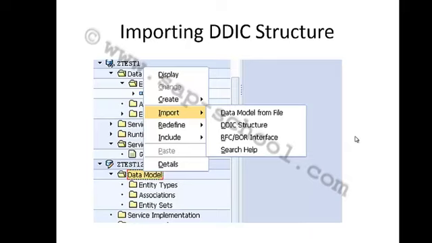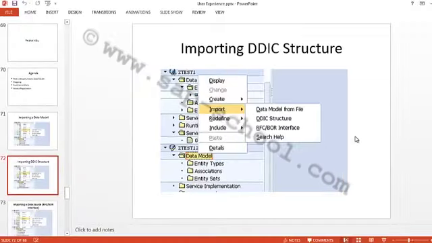Now what is the procedure for it? We have three main steps to import the DDIC structure, which comprise importing the DDIC structure, then selecting the parameters from the DDIC structure, and lastly modifying the selected parameters. Now let's see how we can do this. So let's go back to the system.